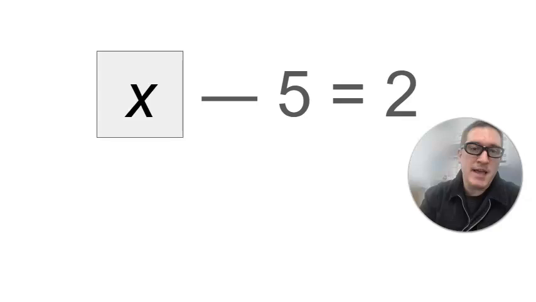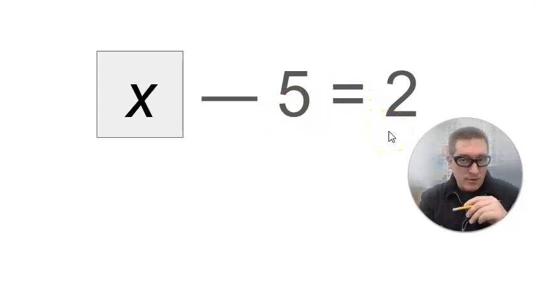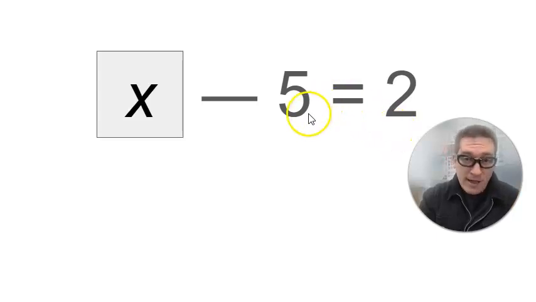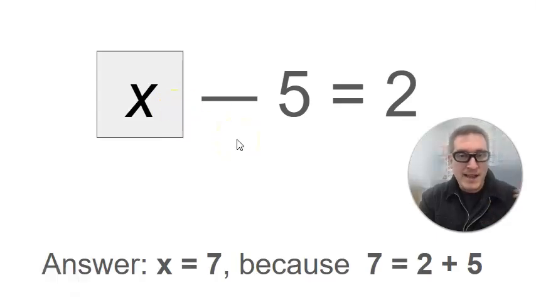Yes, many of you said that x is 7 because 7 minus 5 equals 2. But I want you to start thinking backwards. Maybe x equals 7 because 2 plus 5 equals 7. Subtracting and adding are what are known as inverse operations of each other.